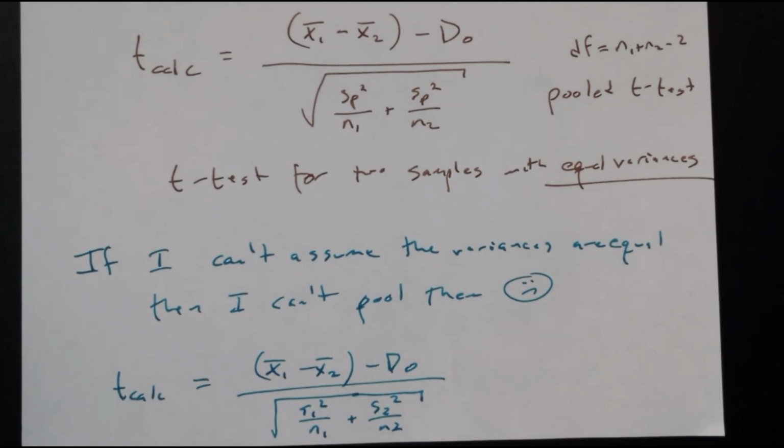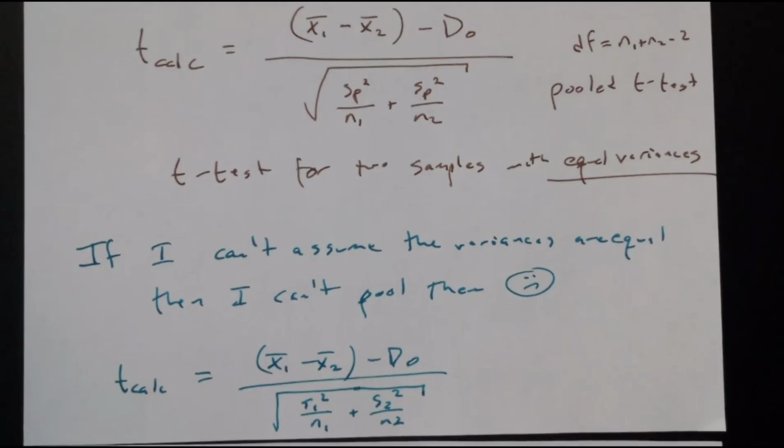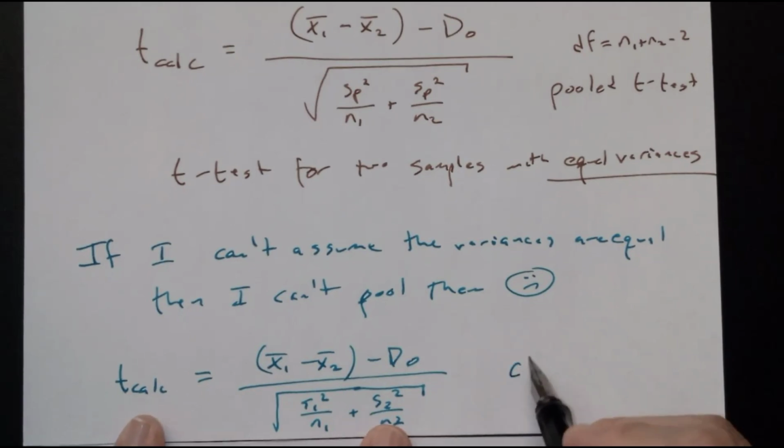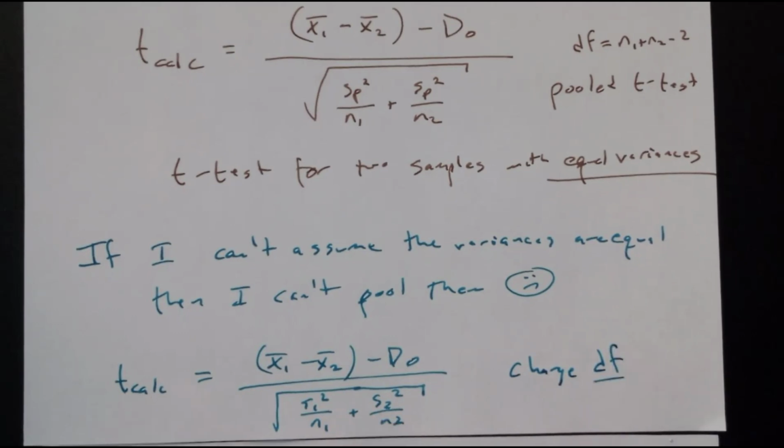But now I can't put them all in one pool. So something else has to change. And it took quite a bit of work to figure out what should change. But the other thing that should change is df. The formula sucks.